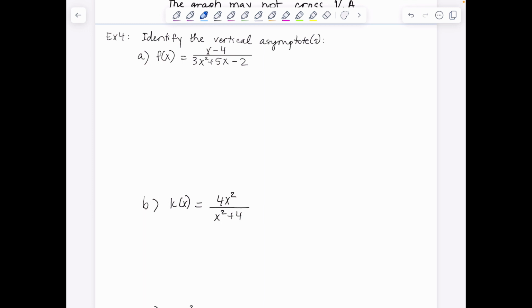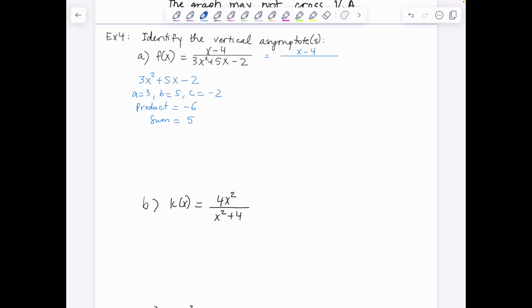So let's do these examples following the two steps. So the first step is we want to simplify this by factoring. The numerator cannot be factored, so we're going to keep it this way. And then the denominator, we can factor this using the AC method. So A is 3, B is 5, and C is -2. Two numbers multiply to A times C, so that's -6, and add up to B, which is 5.